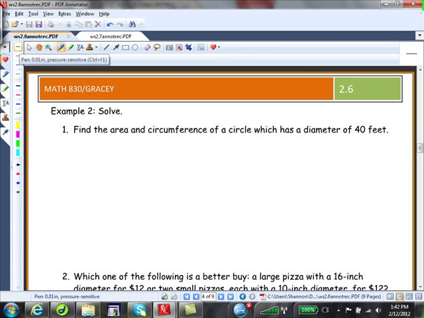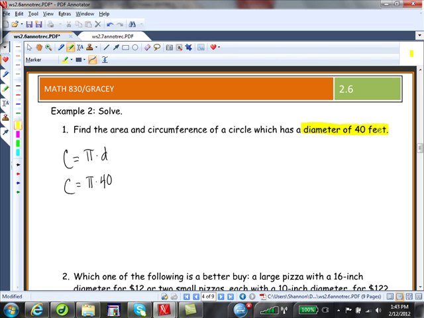Find the area and circumference of a circle which has a diameter of 40 feet. Diameter of 40 feet. So what do you guys want to find first? We could find the circumference, right, using the diameter directly. We could use that one, pi times d. So the circumference will be pi times 40 because the diameter was 40.